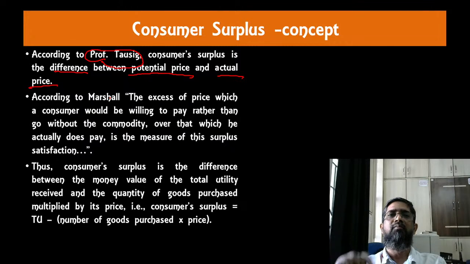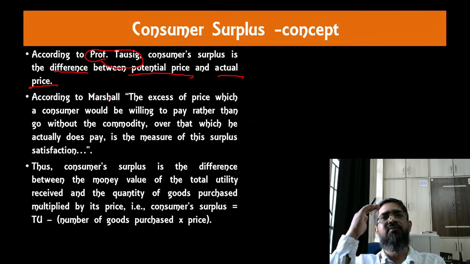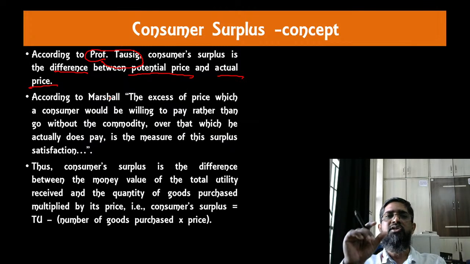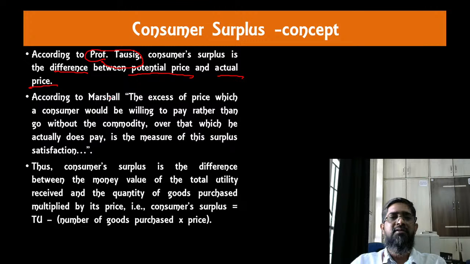Actual payment is how much you have paid, which is 8,000 in the example I have given, and the potential price is what you thought, which is 9,000. The difference of this is known as consumer surplus.